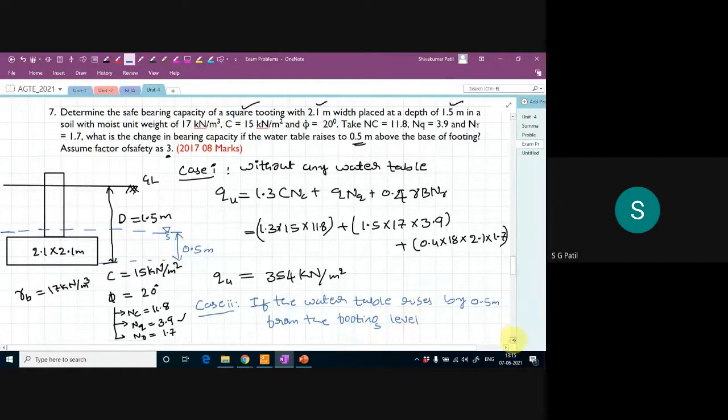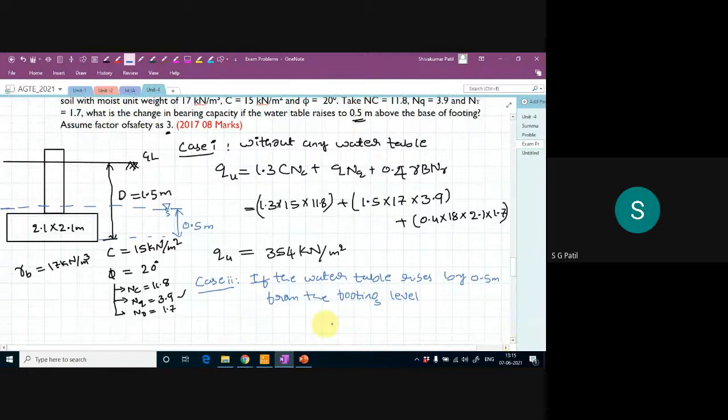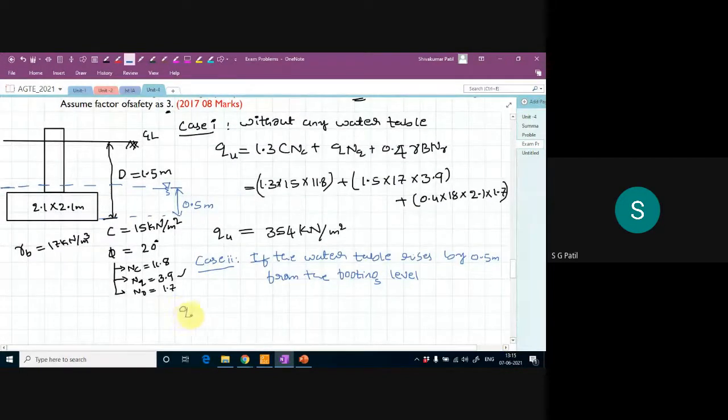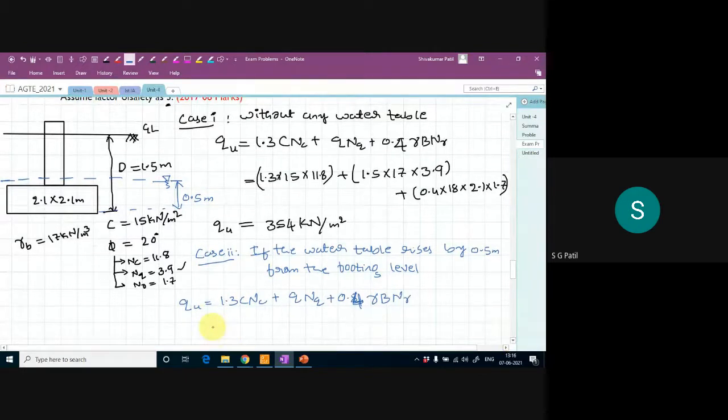Okay, calculate. So Q U equal to, again the same, 1.3 CNC plus QNQ plus 0.4 gamma B N gamma. Now see how much depth is left here.